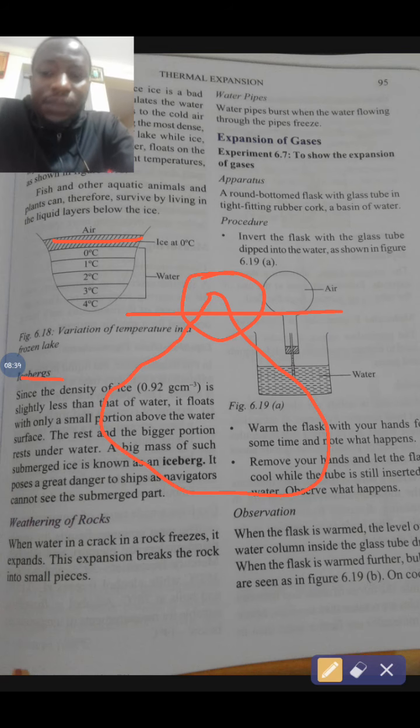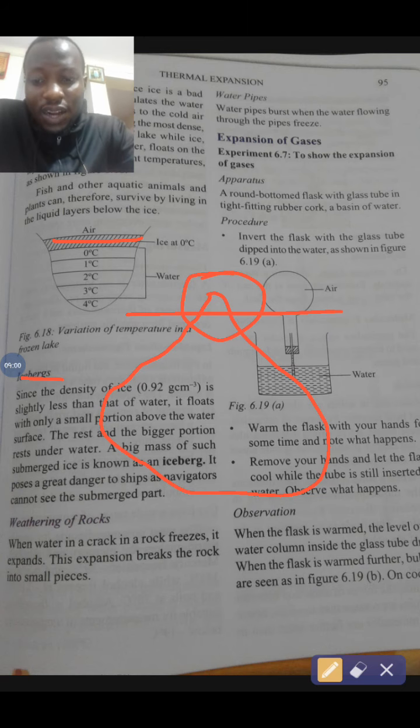The next one is weathering of rocks. Weathering of rocks means breaking of rock into smaller particles that end up forming the soil. Now, when it is raining, the water gets into the cracks of rocks.